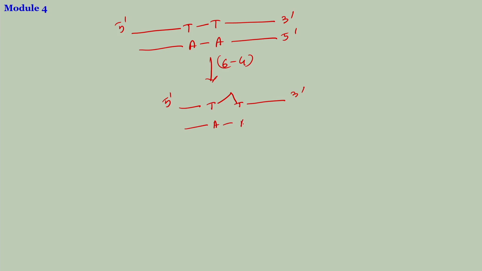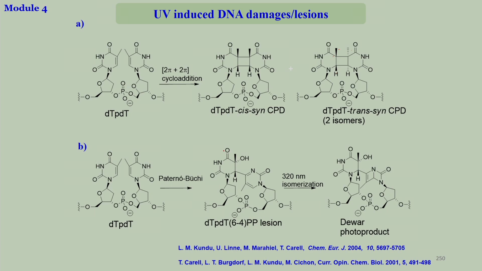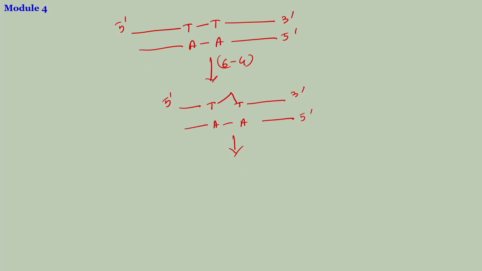You have AA. Now, it has been observed that once you form the 6,4 photo product, if you look back at the structures here, this is the thymine 6,4 photo product. You see that this is the new structure that has been generated, and this can pair up with a guanine. So, an alternative base pair basically.